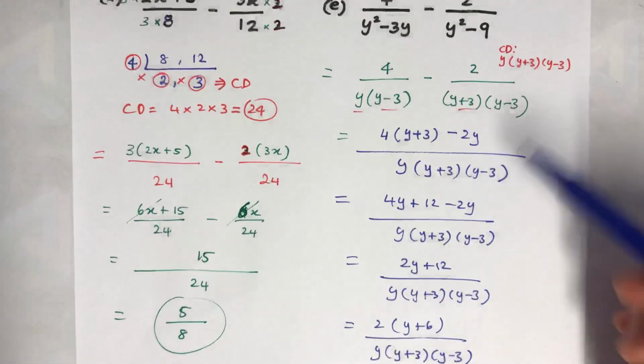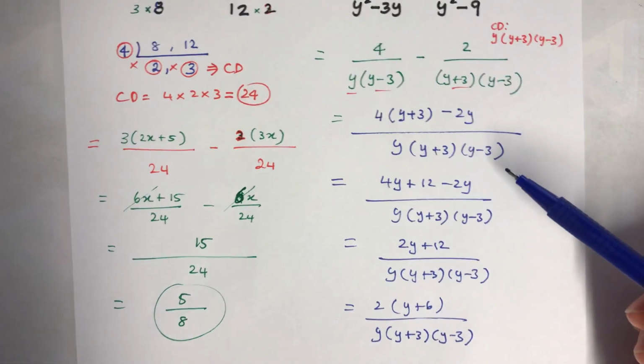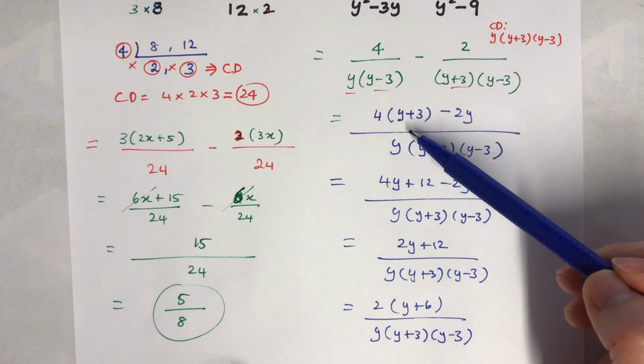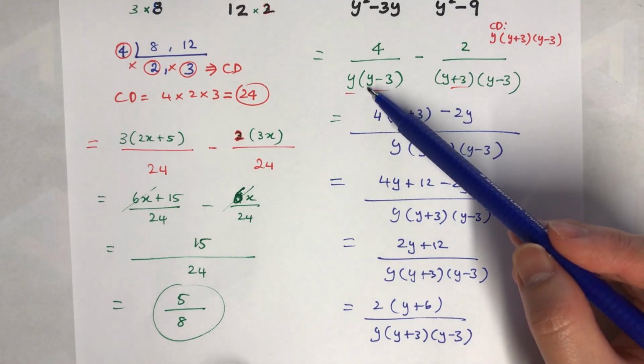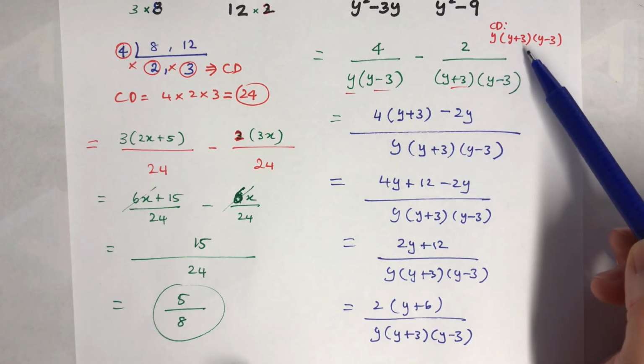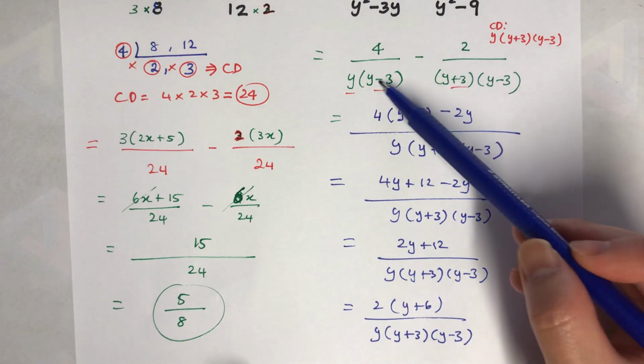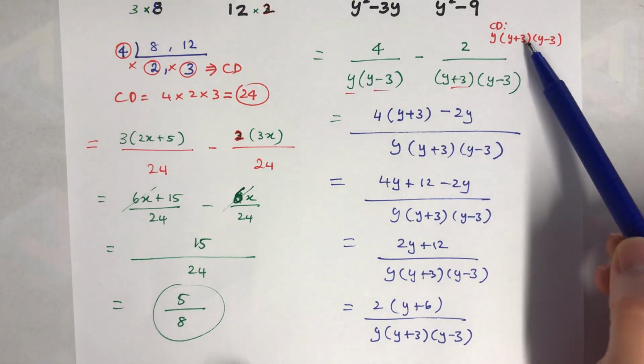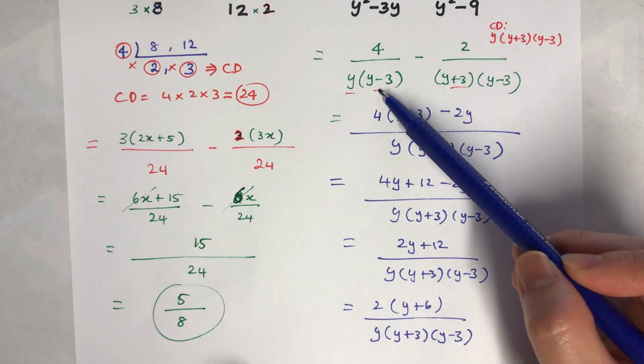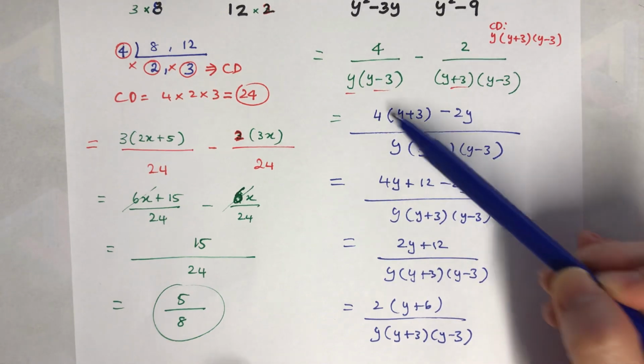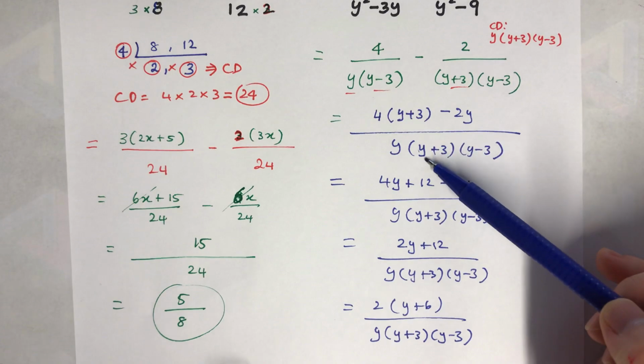What happened here, I just went really fast. My common denominator is y times y plus 3 times y minus 3. If I want to make this my common denominator, what factor do I need to go from here to here? I need y plus 3.